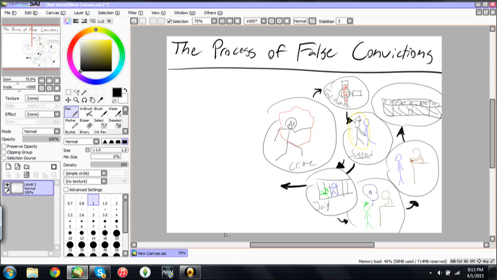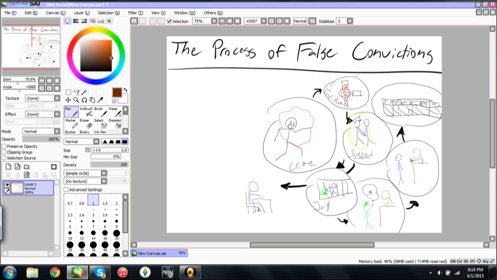So, let's say, also, this doesn't just pertain to police, this also pertains to investigators. So, our little blue suspect, he hasn't been convicted yet, he's not in prison. He's sitting there, waiting, and he is being interrogated.